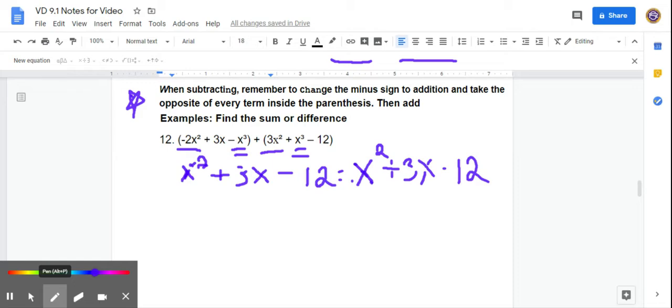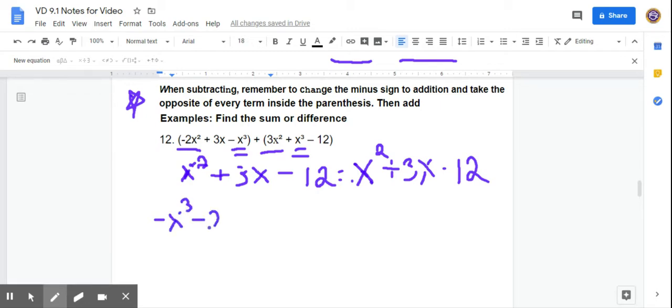Another way you could have done this is to line up the like terms vertically. I would rewrite the first one in standard form, negative x cubed minus 2x squared plus 3x.